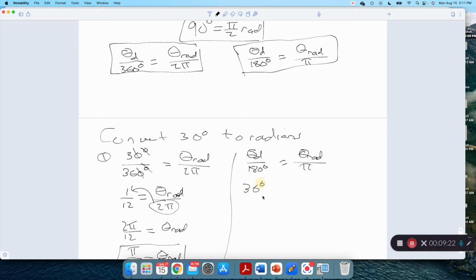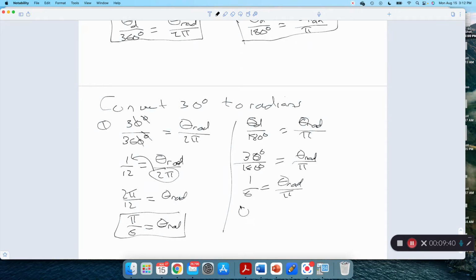So 30 out of 180 is my angle over pi. 30 goes into 180 6 times. Multiply the pi up and we're done. Pi over 6. So that was method 2.